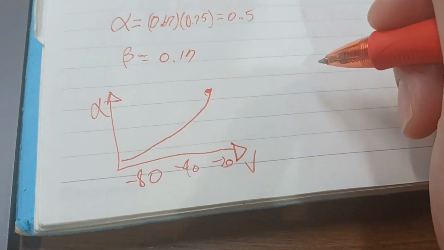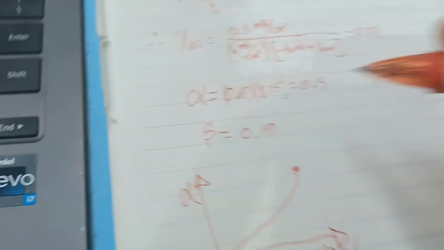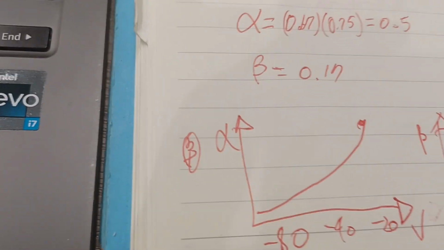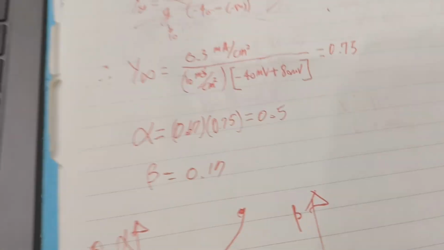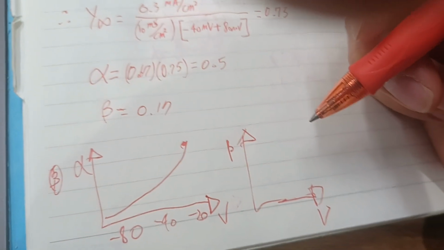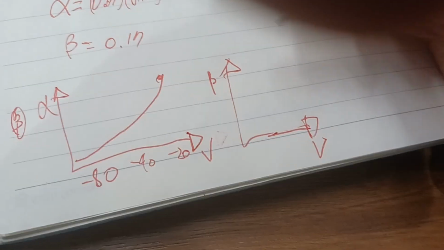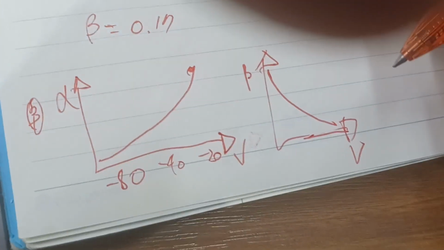So for alpha you will have something like that, and for beta it'll be the other way, because beta is the opposite of alpha: beta is opening to closing, and alpha is closing to opening. So it'll be like that.